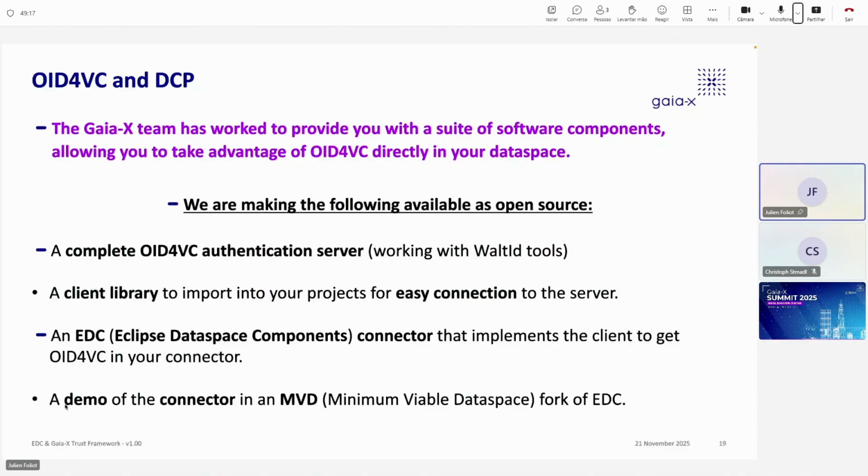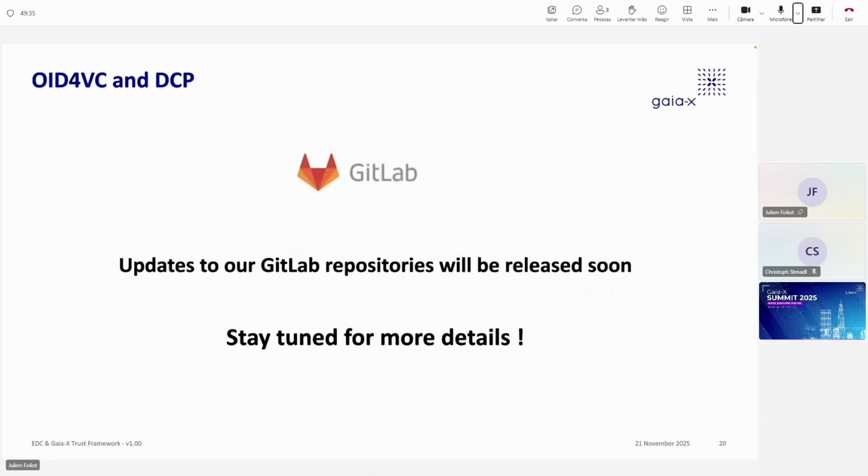And you will also have a demo of the connector in MVD, the minimum viable data space, which is a fork of the EDC MVD. This is the tooling that we will see just after this presentation. So stay tuned for the release of the tools. And thank you. Now I'm going to do the demo.